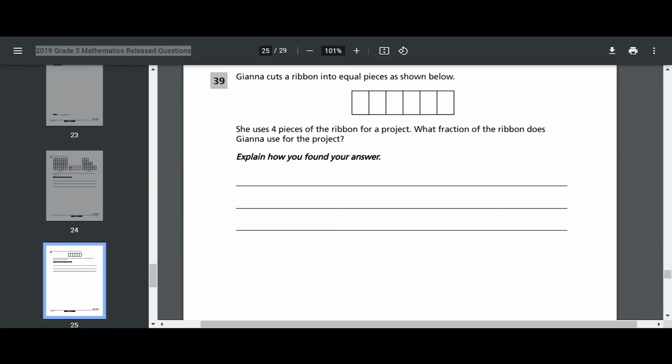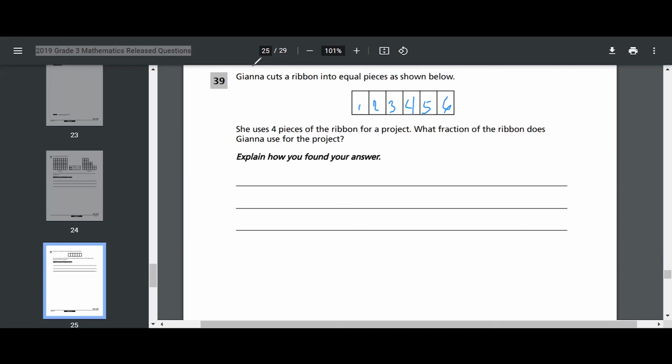Now we're going to get our drawing tool again and work through this problem. Let's read it again for continued understanding. Gianna cuts a ribbon into equal pieces as shown below. So let's continue to count these pieces. 1, 2, 3, 4, 5, 6.